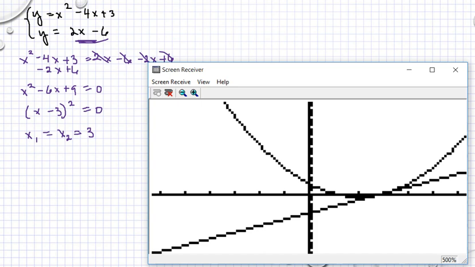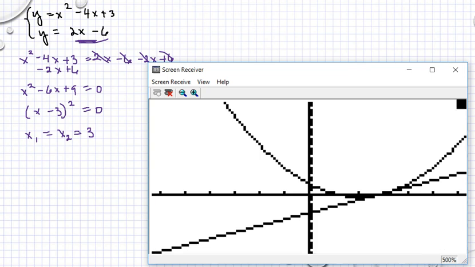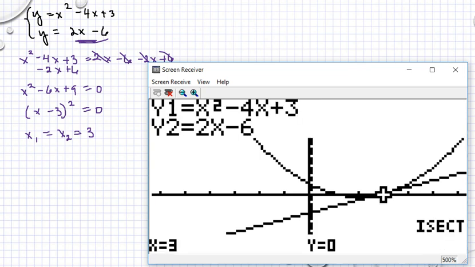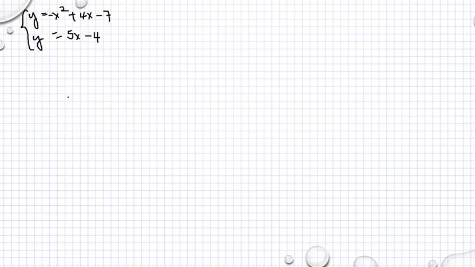And then if we want to see the point of intersection, F5 and then F5 again. Then we have 3 and 0. I didn't solve for the y. We can see y is equal to 2 times x, where x is 3, 2 times 3 minus 6. Then we have y is equal to 0.